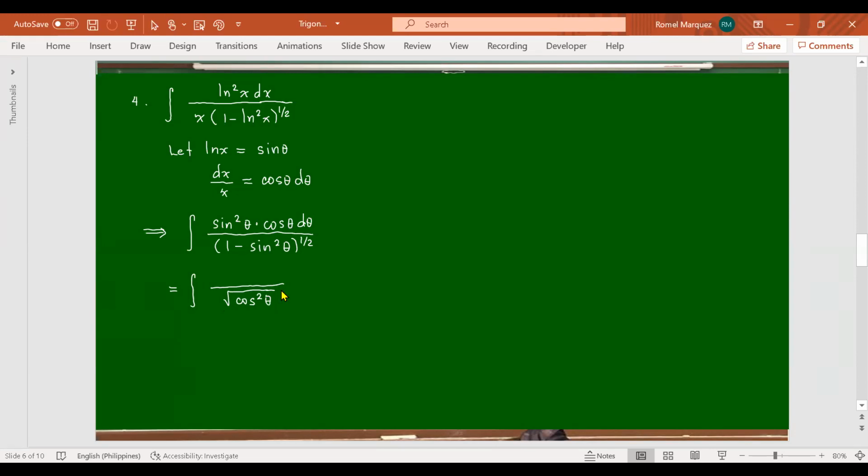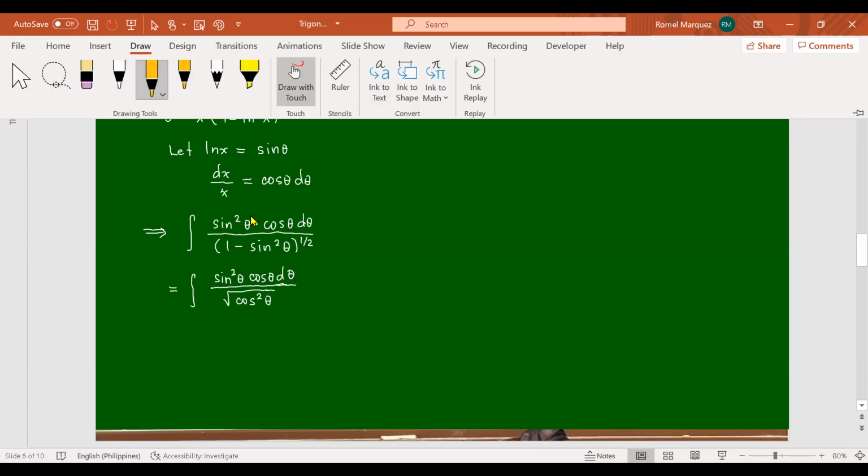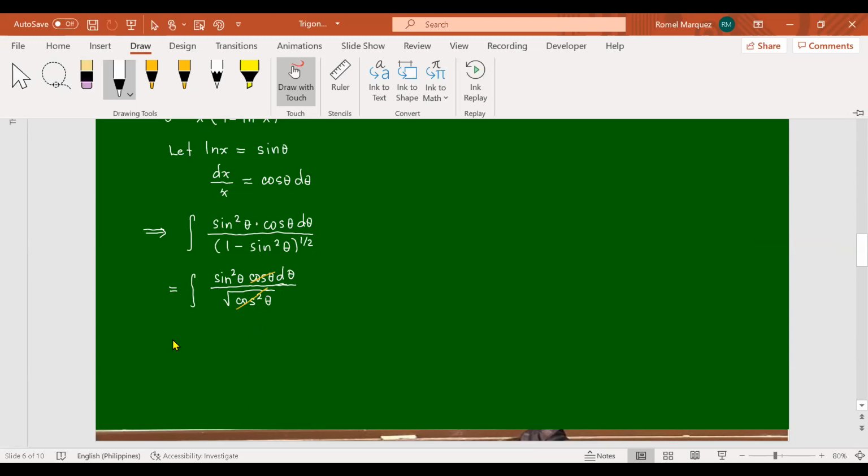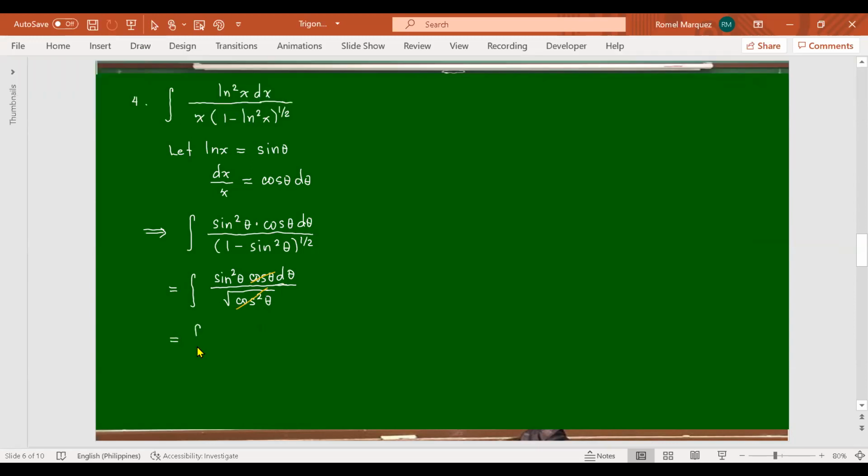Okay? So the numerator is sine squared theta cosine theta d theta. I can cancel out what? This cosine theta and this cosine theta, because square root of cosine squared theta is cosine theta. So what is the remaining now? So this is equal to the integral of sine squared theta d theta.